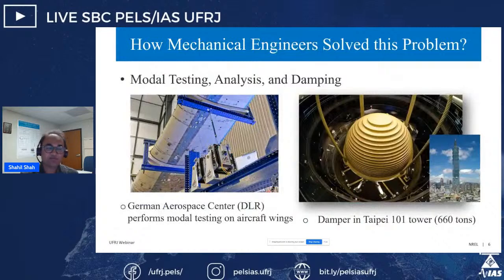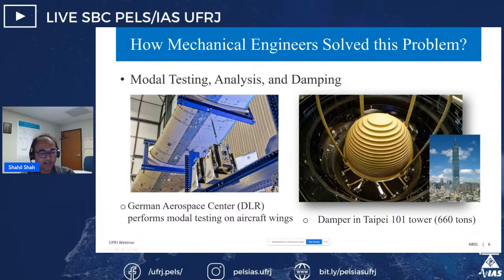So to solve them, we need to emulate what mechanical engineers have been doing for years, and that is model testing, model analysis, and damping. Mechanical engineers see these vibrations and have a similar problem. They have complex structures that are difficult to model mathematically, and they also see these oscillations and want to understand what the modes are when they design a structure.